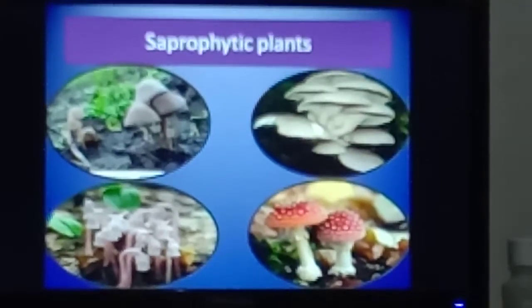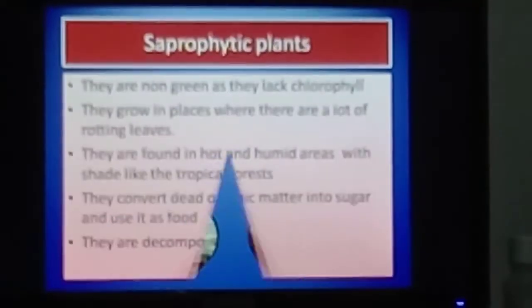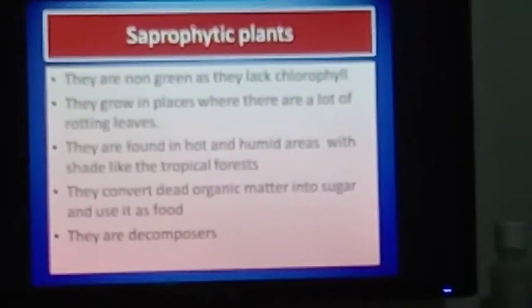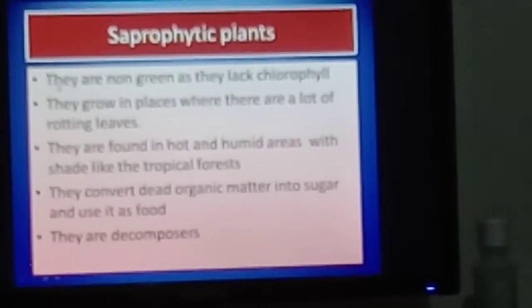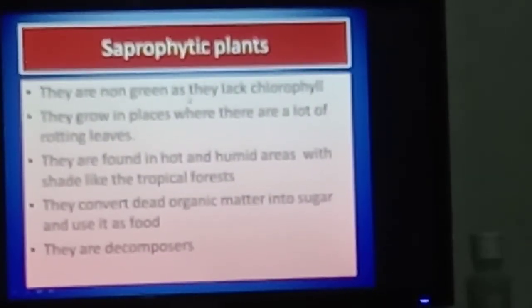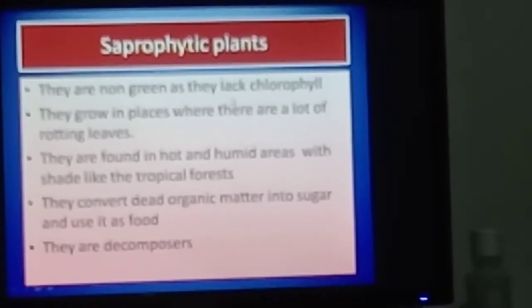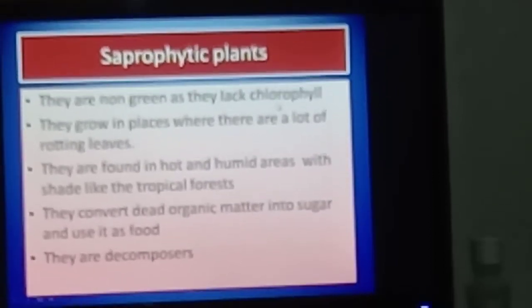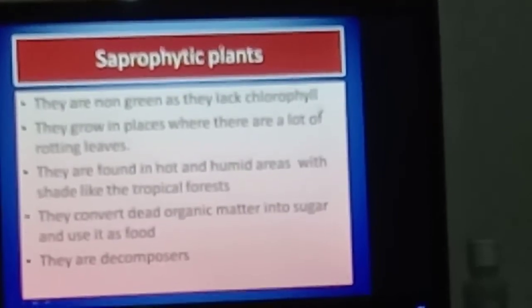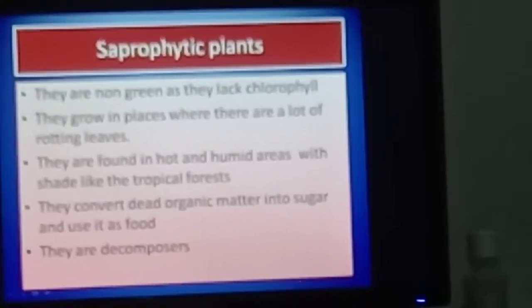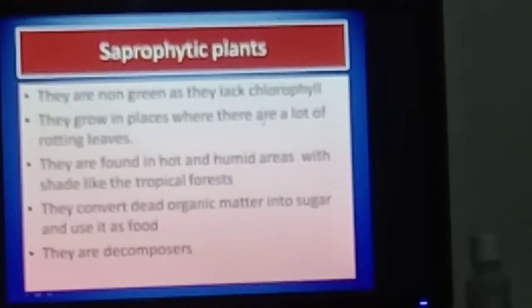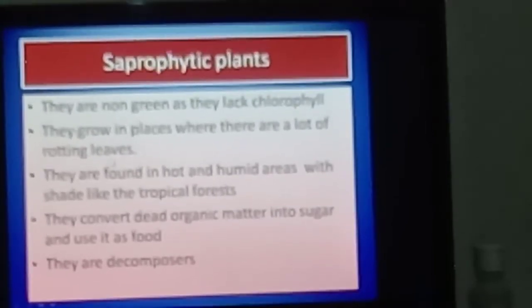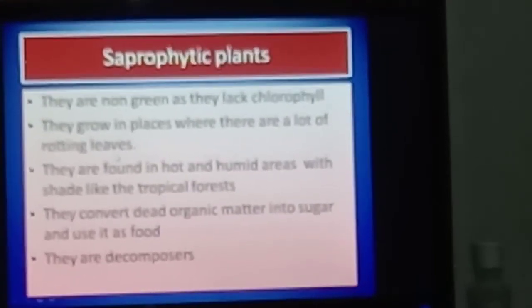Let us study some important features of saprophytic plants. Saprophytic plants are non-green as they lack chlorophyll, so they don't appear green. They grow in places where there are a lot of rotting, decaying, dead leaves.